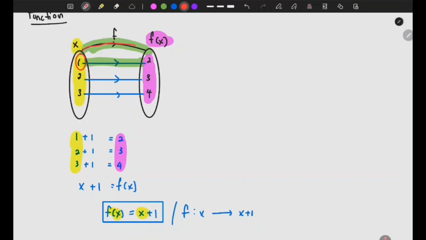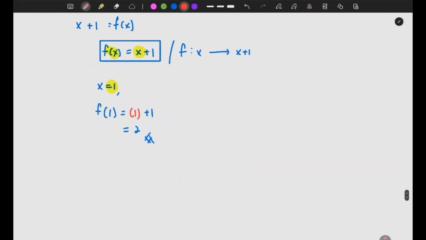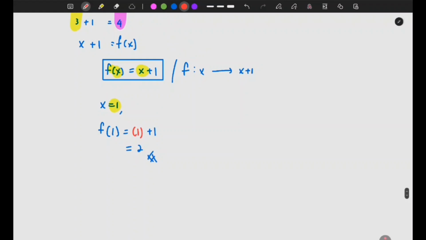When it undergoes the function f(x) = x + 1, you become 2. So this is how a function works in Add Maths. I hope it's not so hard to understand. It's not even too hard, right? Yeah, nice.